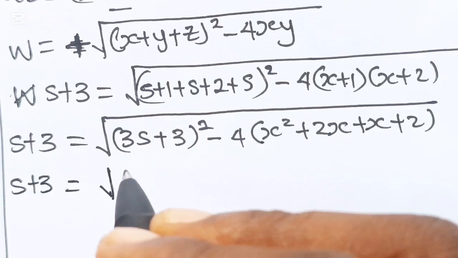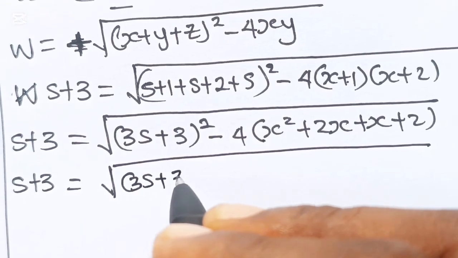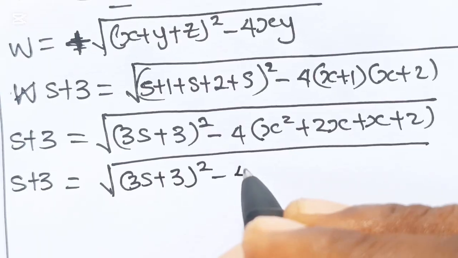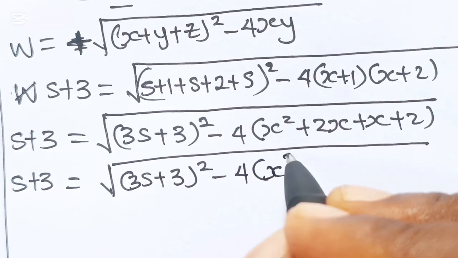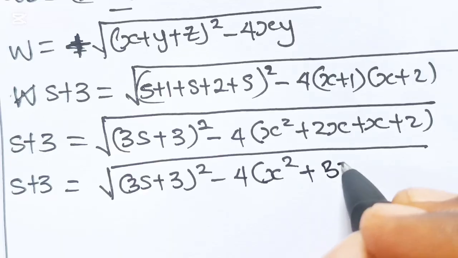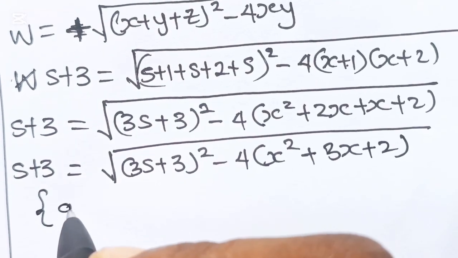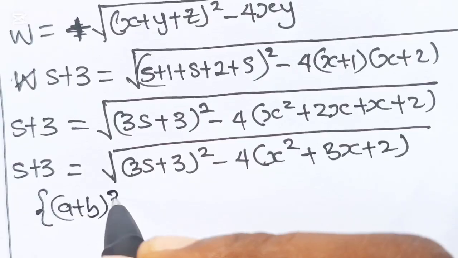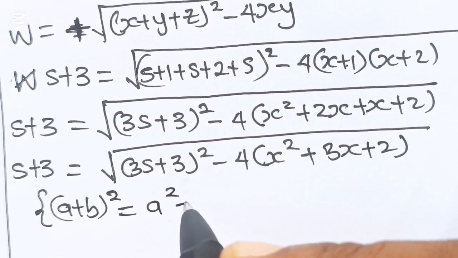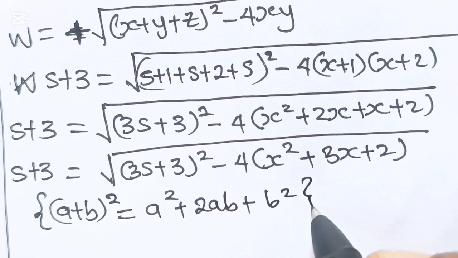is equal to the square root of 3s plus 3 squared, minus 4 brackets x squared plus, now 2x plus x is 3x plus 2. Remember that a plus b squared is equal to a squared plus 2ab plus b squared.